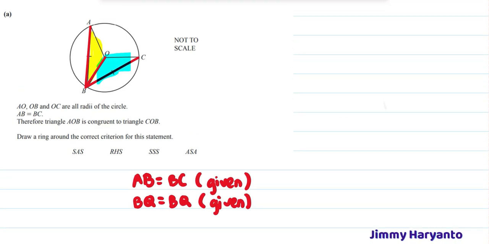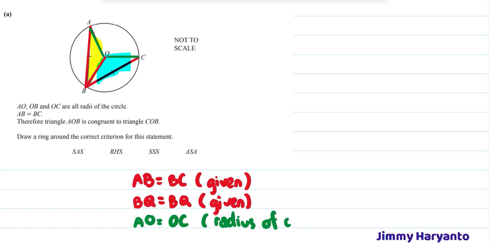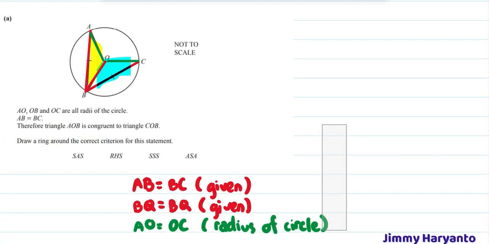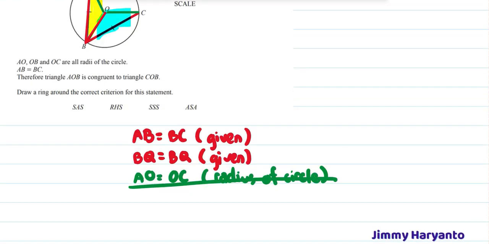And then the other one, this one, AO and OC are also equal. AO equals OC. The reason is radius of circle. Because we already have these three arguments, we can conclude that the triangles are congruent.